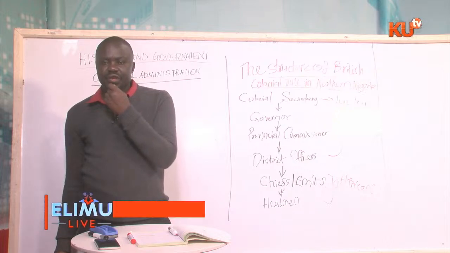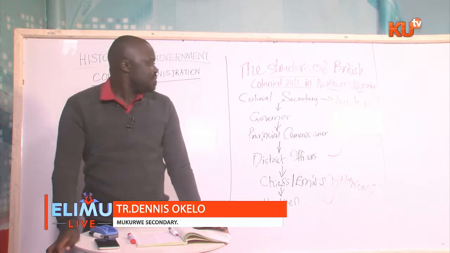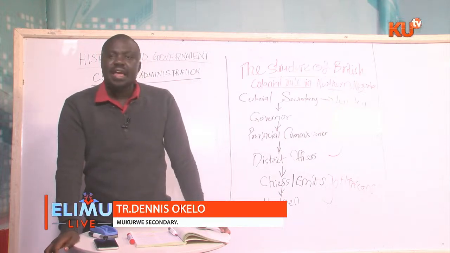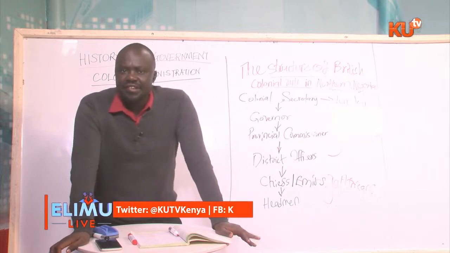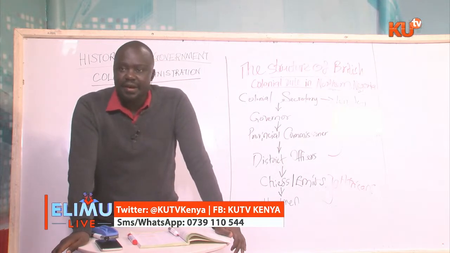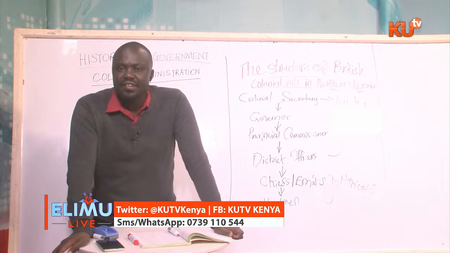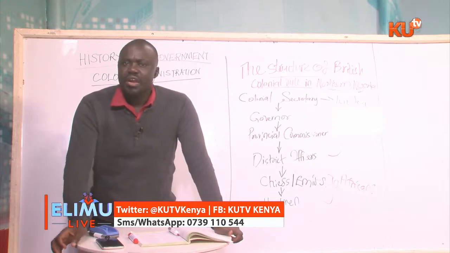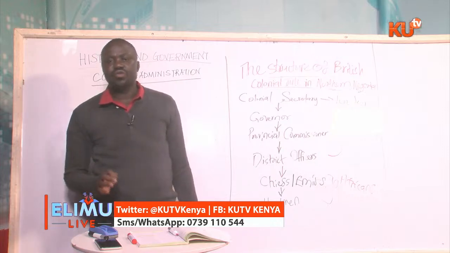Number three, another similarity is that in areas where there were no established traditional rulers, such as most parts of the Bantu, Highland Nilotes, Plain Nilotes, and the Kushites parts of Kenya, who never had structural rule, direct rule was used.